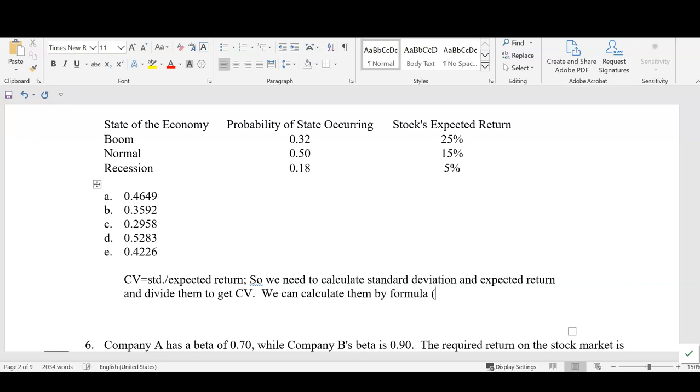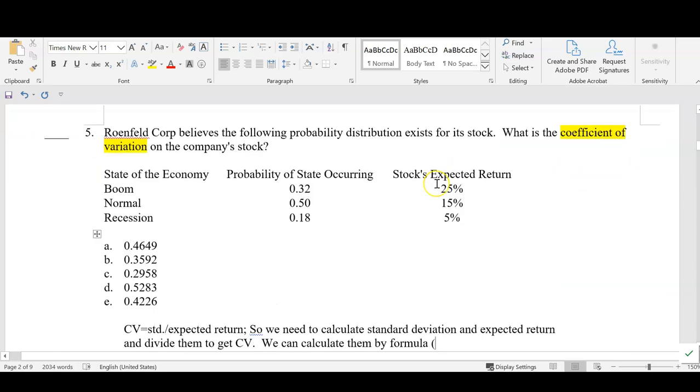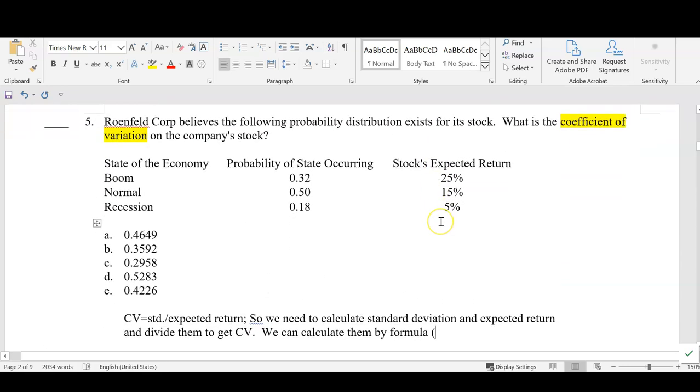For standard deviation, the formula is a little bit complicated. It is the difference between the stock's expected return in each economy scenario and the overall expected return, squared, not square rooted, multiplied by each probability, and then added up, and then you square root the whole thing.